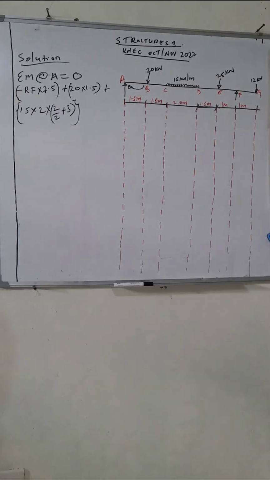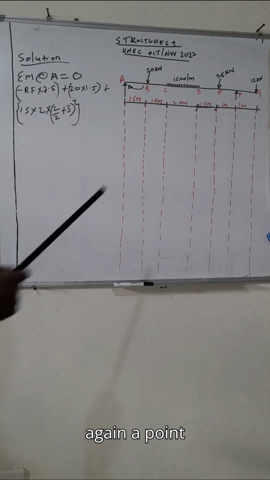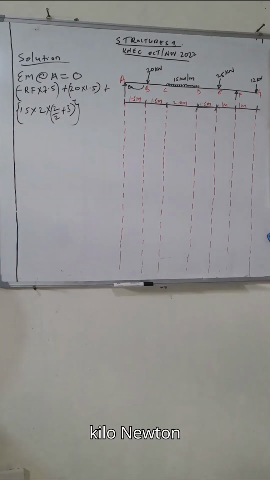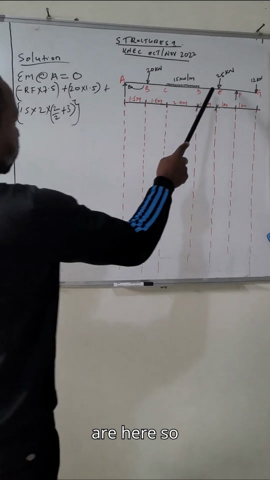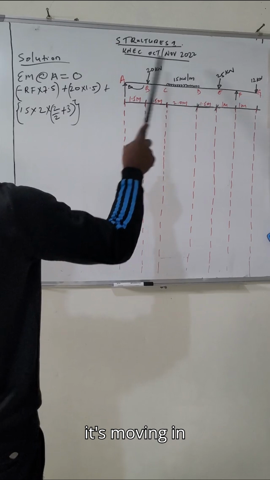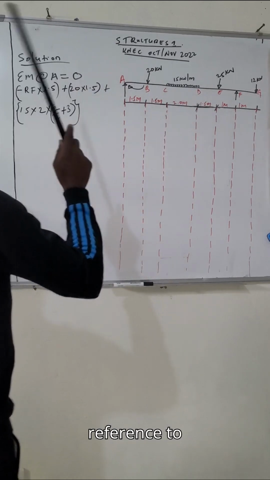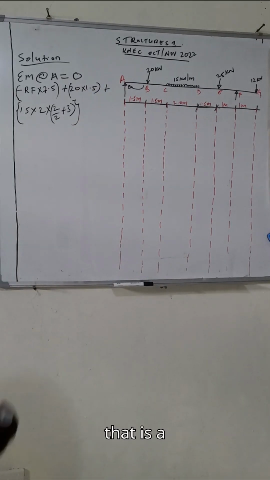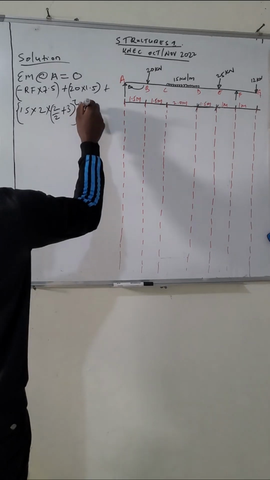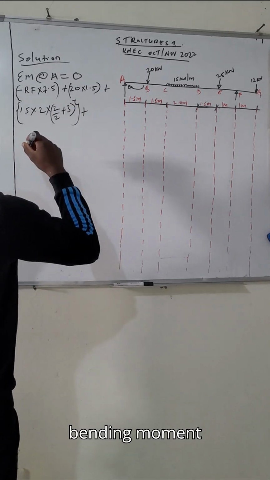And then we have again a point load of 25 kilonewton, a concentrated load. Looking at it, it is moving in a clockwise direction in reference to point A. So that is a positive bending moment.